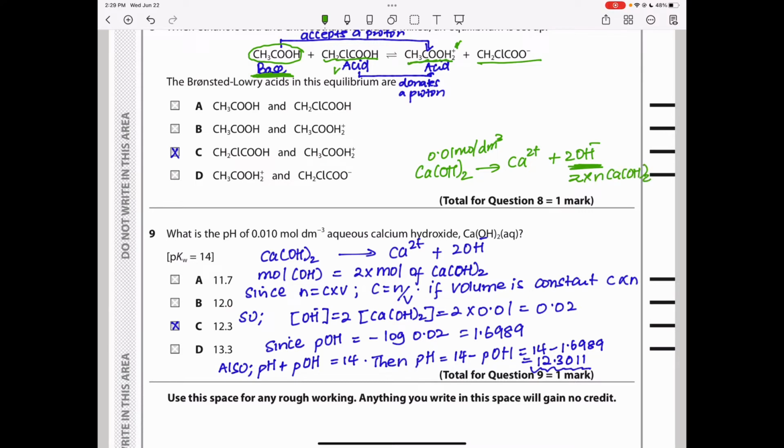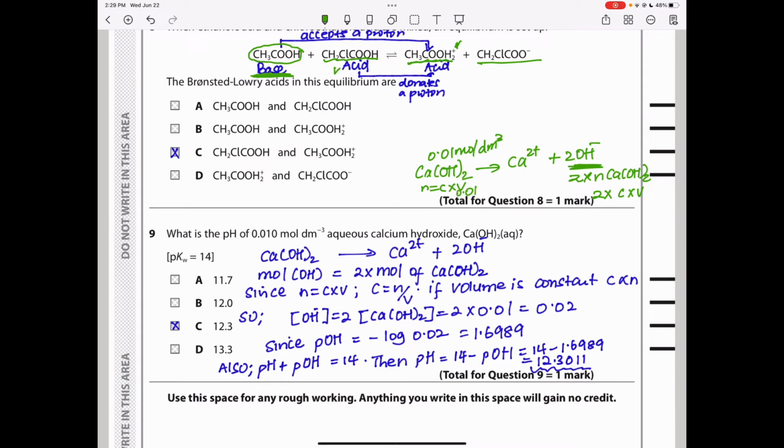So it means it's going to be 2 times, since number of moles is concentration times volume. Let me try to find the number of moles here, which is concentration times volume. The concentration is going to be constant, which is 0.01.